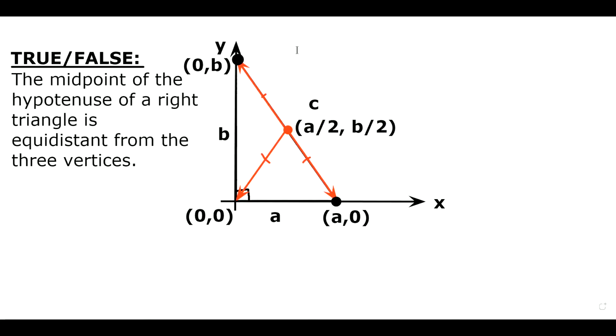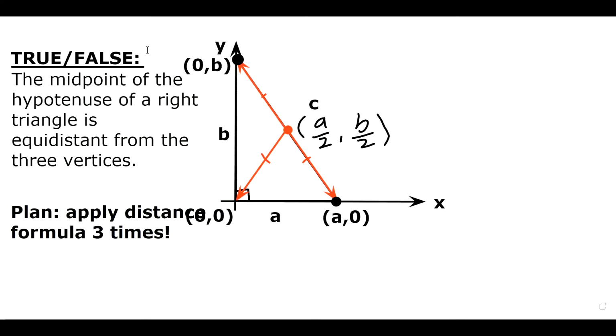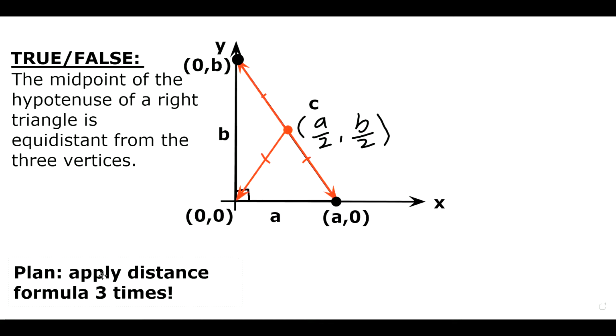Maybe I'll make this a bit nicer for you. We'll go like this: A over 2 and B over 2. Okay. With this in mind, we just need to apply the distance formula 3 times. So that's what we're going to do. The plan is to apply the distance formula 3 times. And if all of the distances are the same, then we've proven that this is absolutely true. That it is true that the midpoint of a hypotenuse of a right angle triangle is equidistant from the 3 vertices.